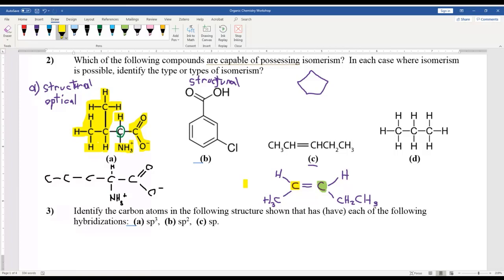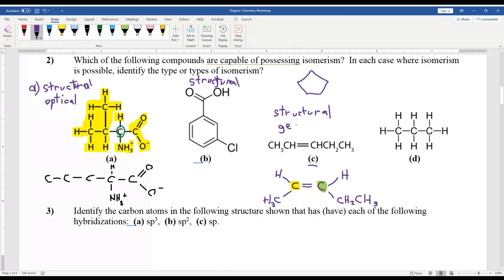Now I drew the cis isomer, but you could have had the trans isomer. It's not clear from the picture which one it is. So for that particular compound, I have both structural and geometric isomerism possible. What about optical isomerism?